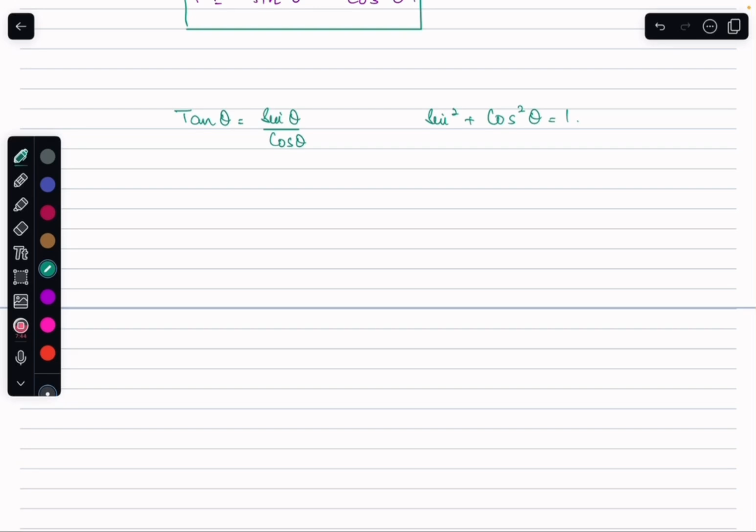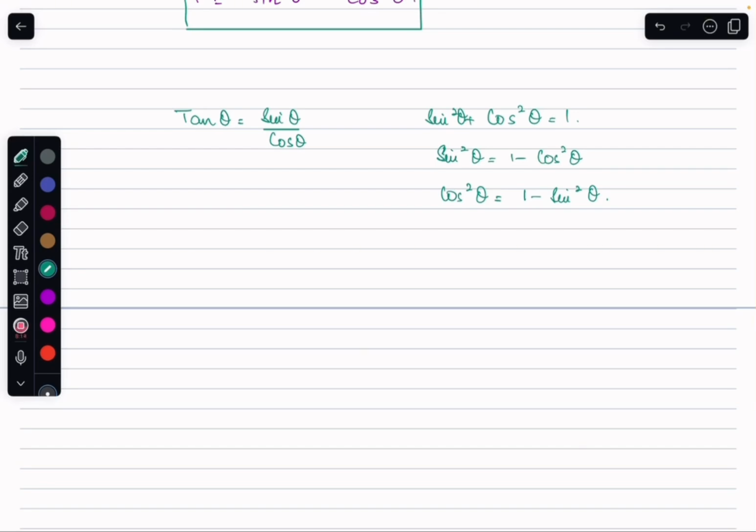And from this identity, in some places I might also say that sine square theta equals 1 minus cos square theta, or cos square theta can also be written as 1 minus sine square theta. So these are the few identities that we shall be using to solve all the equations for identities.